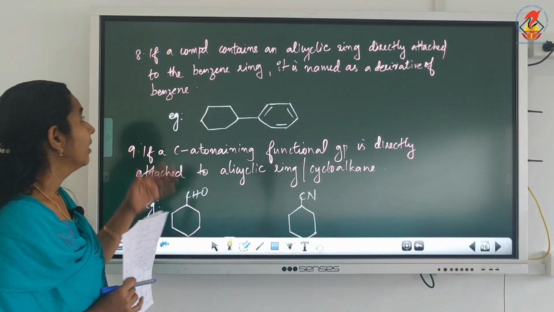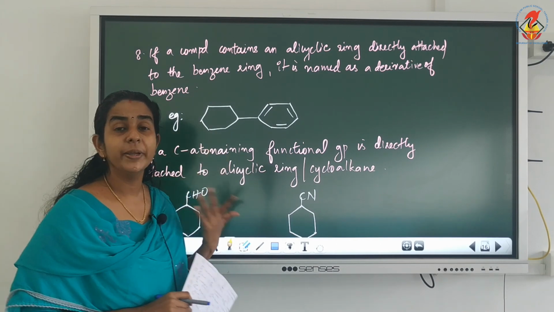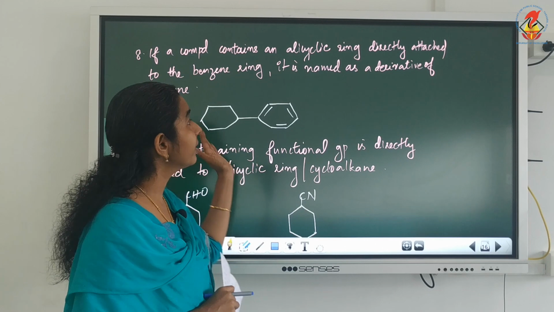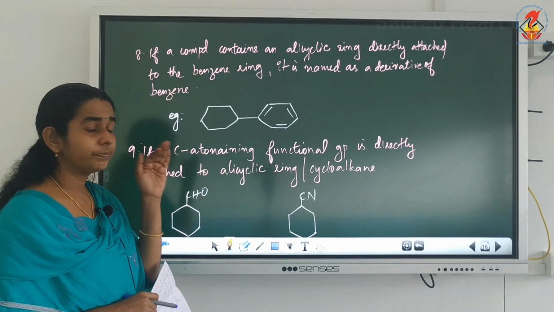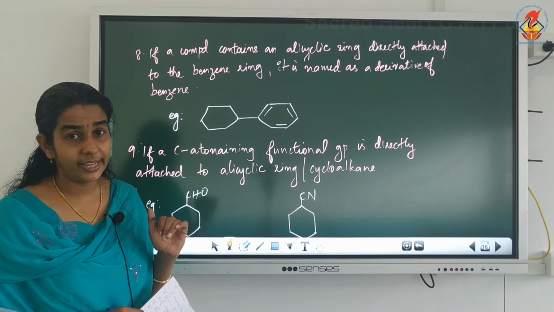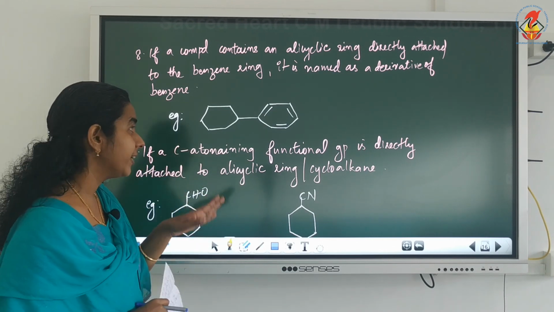Now, if a compound contains an alicyclic ring which is directly attached to the benzene ring, then the benzene ring will always be considered as the parent. The compound will be named only as a derivative of benzene.